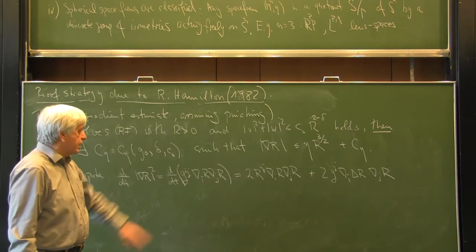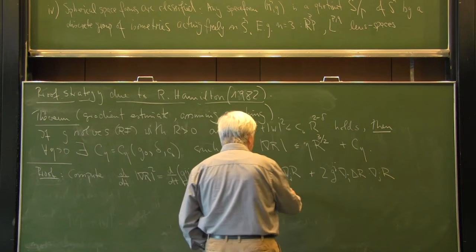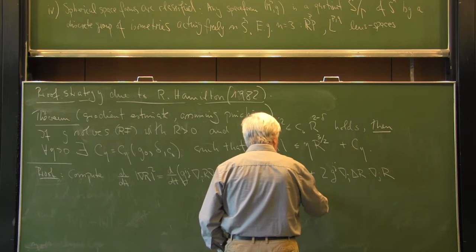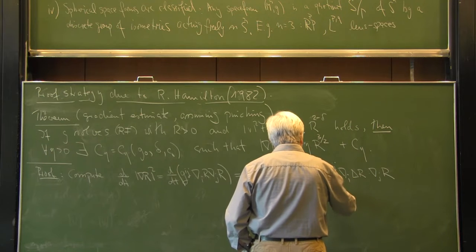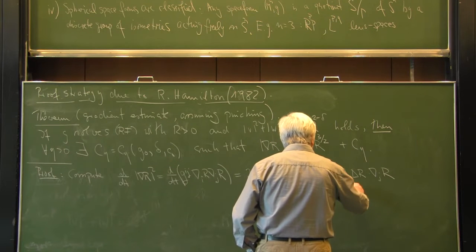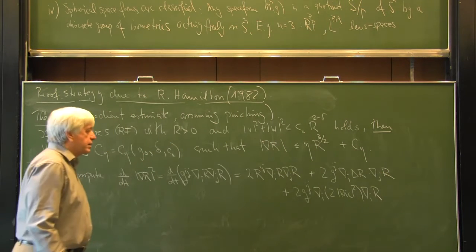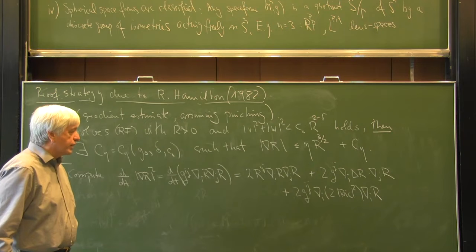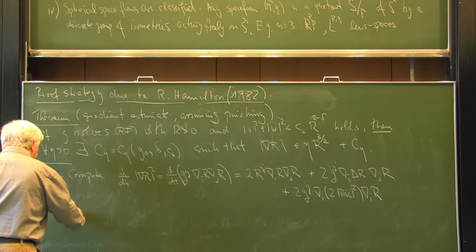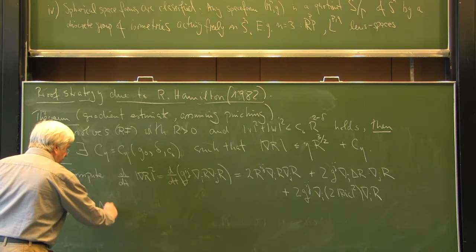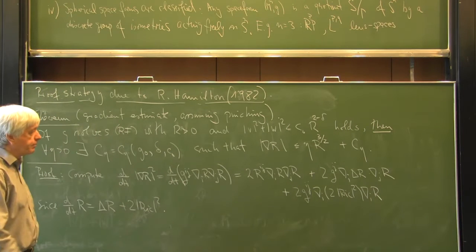And then there was another term in the evolution equation of the scalar curvature. Remember we computed that d/dt of R was Laplacian of R plus 2 times the Ricci curvature squared.